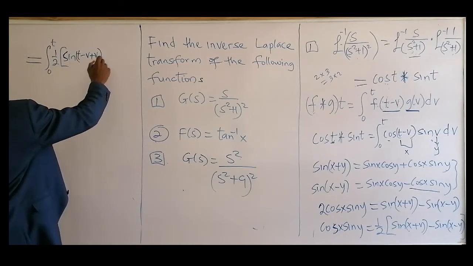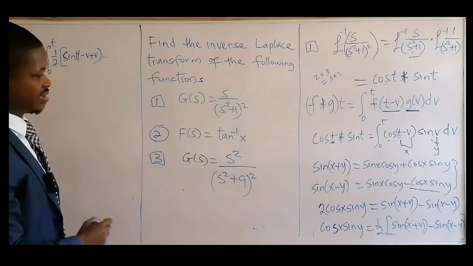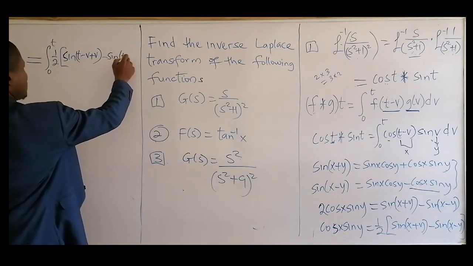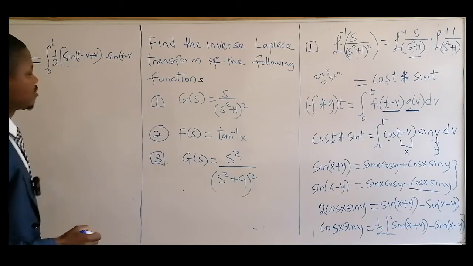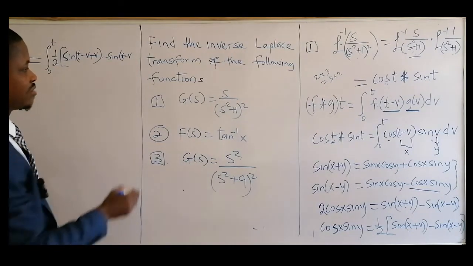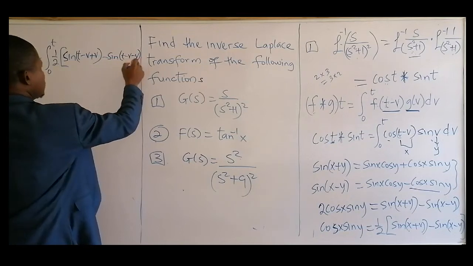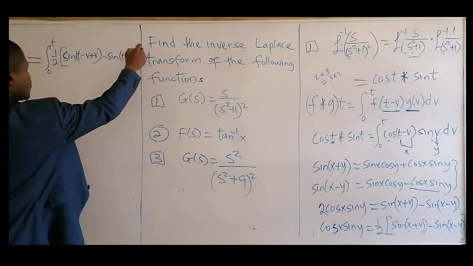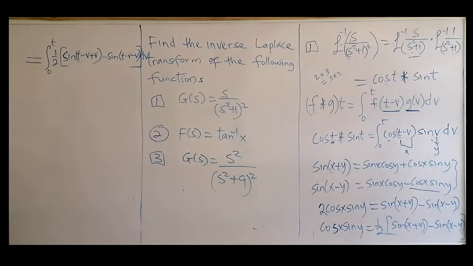I have that. Then minus, again, minus sine t minus b, then minus what? Minus b, then dv. So you can close your bracket here, put your dv there. And that will give us a half.